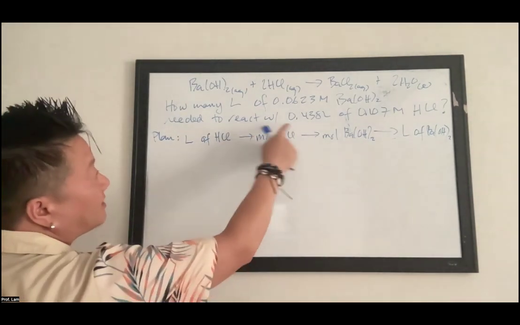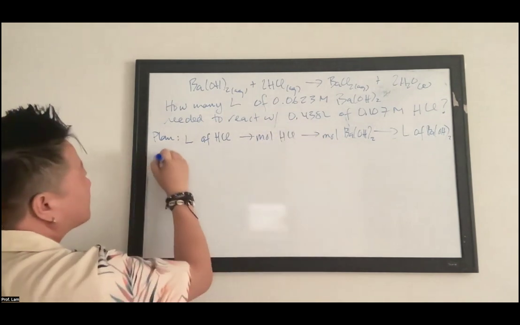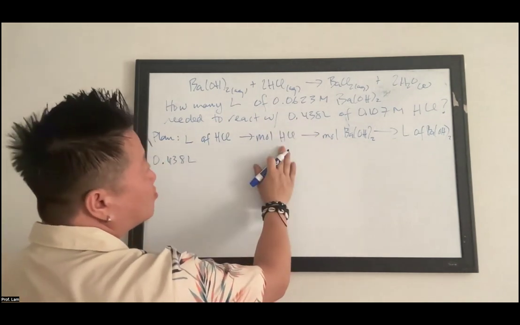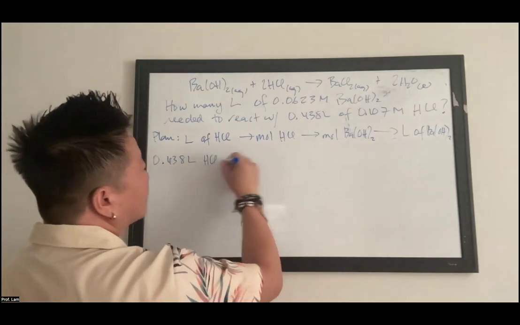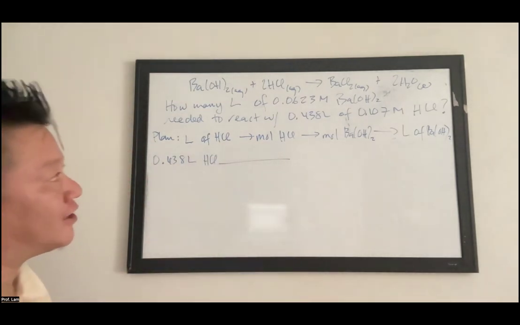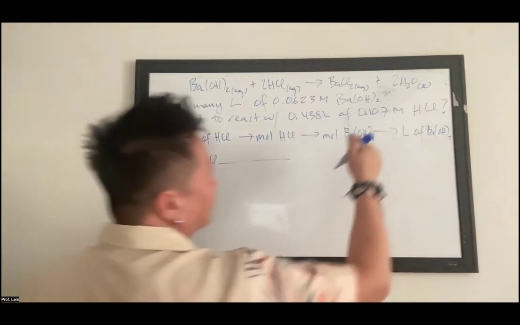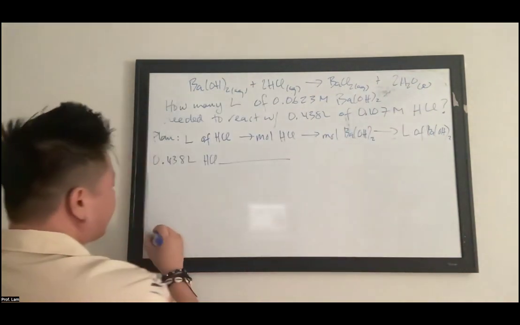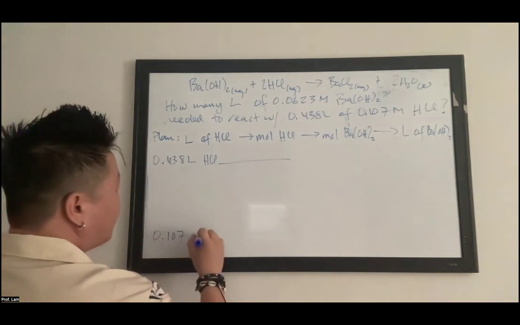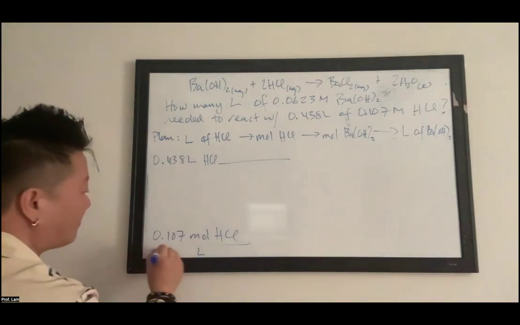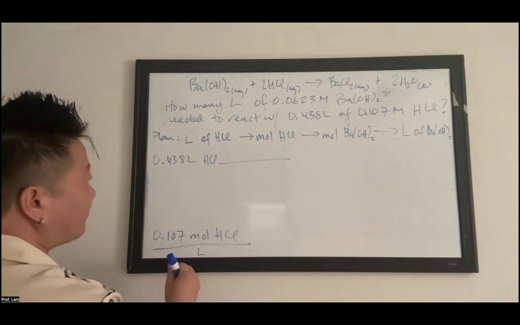All right, let's execute. Liters of HCl: 0.438 liters. And we want to get to moles of HCl. Remember, anytime you see molarity, think of it as moles per liter. So that's 0.107 moles of HCl per liter. Which one's going to go on top?